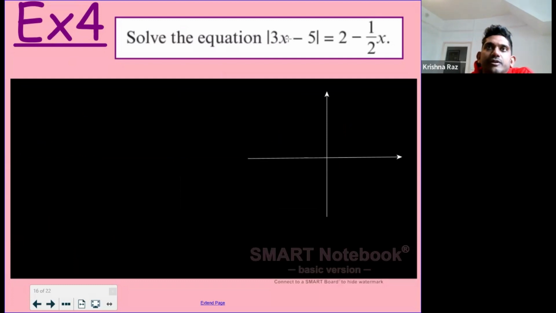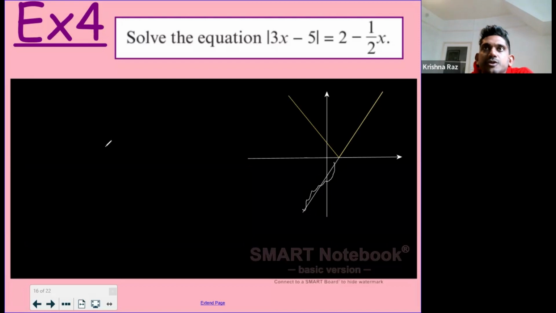So we want the graph of 3x minus 5. So a gradient of 3, a y-intercept of negative 5 will be something like that. I will reflect it here and yellow that part. So the white part of the graph is redundant.